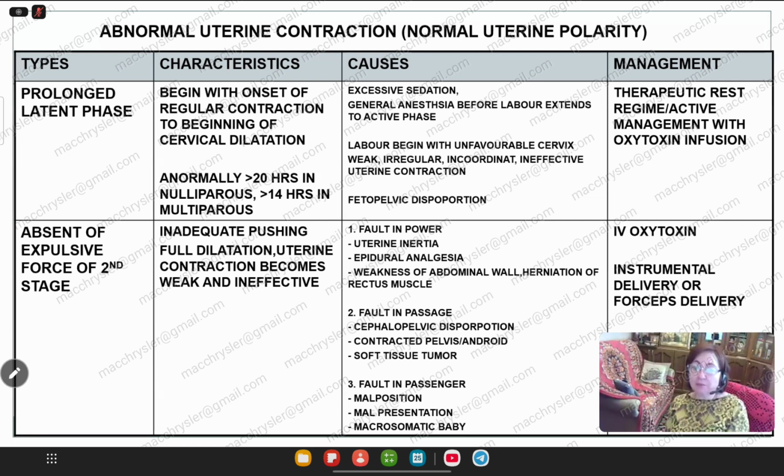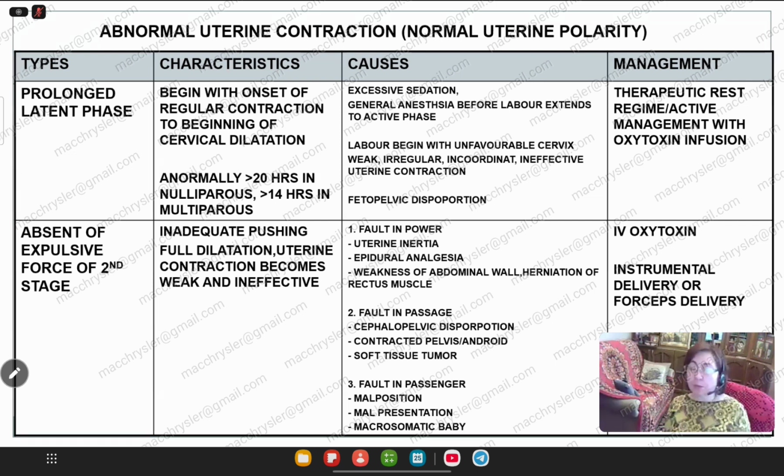In some cases there might be cephalopelvic disproportion, and it is necessary to rule it out, especially if with clinical pelvimetry we find a narrow pelvis, and with abdominal clinical methods, with abdominal circumference and fundal height, as we teach you, you calculate very fast and find that the size of the fetus is bigger. With this combination, pelvimetry and fetus, one or both bigger, think about the possibility of cephalopelvic disproportion.